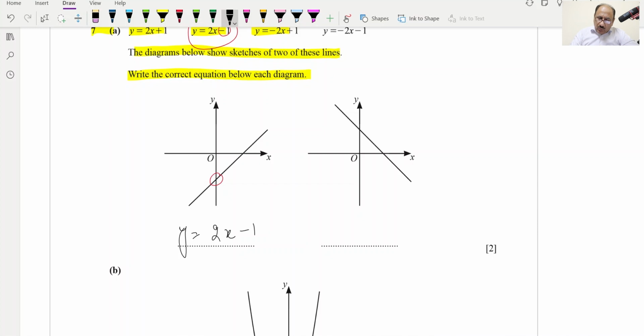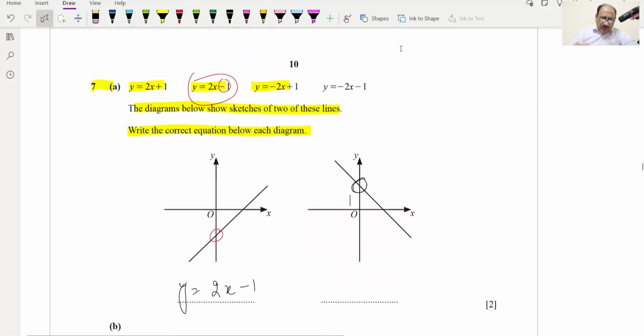Now when we go through this one, the y-intercept is positive, in this case and in this case. Now we will replace y is equal to 0. For this equation, y is equal to 0 and x will be equal to minus 1 by 2, whereas for this equation y is equal to 0 and x will be equal to 1 by 2.